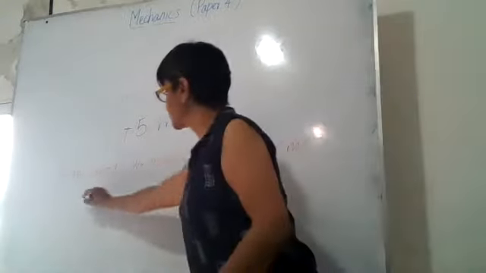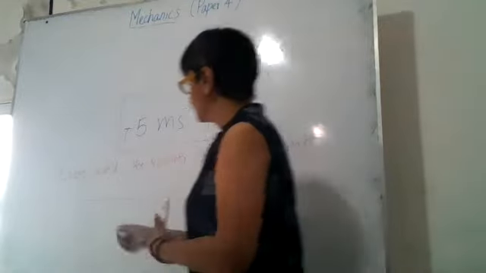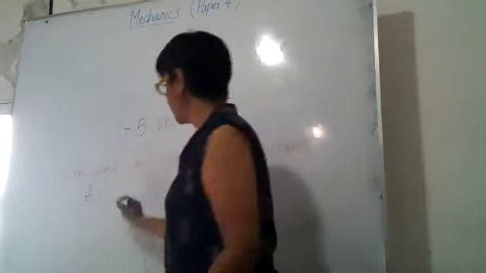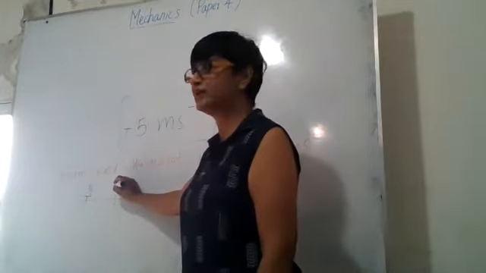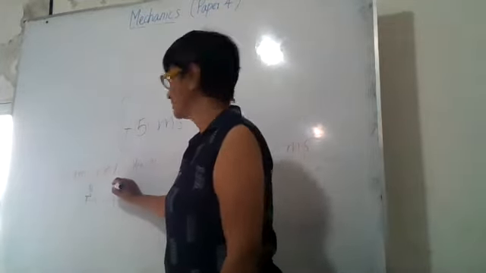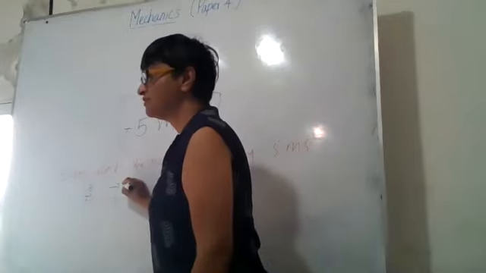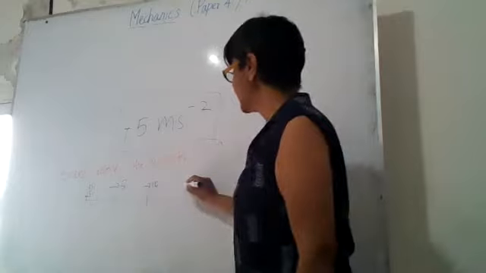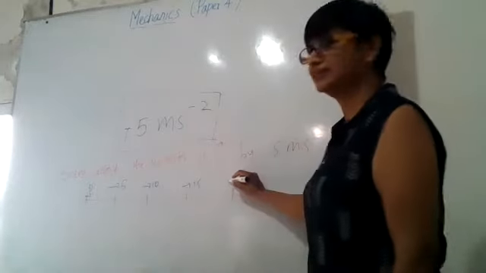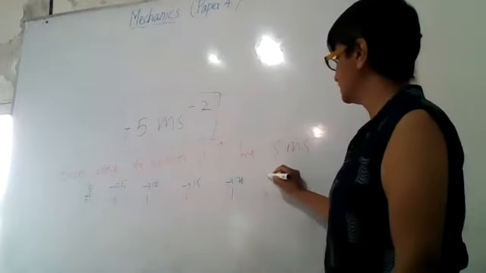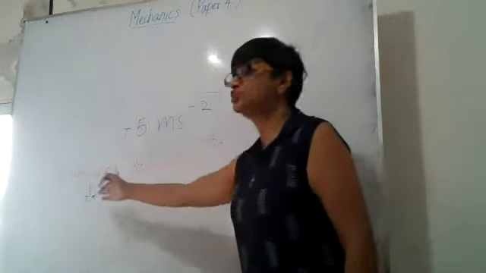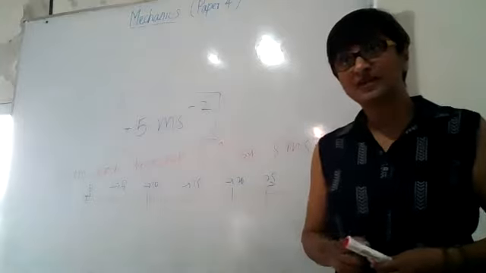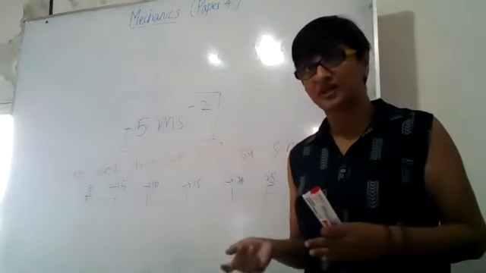So if you actually think of the movement, if I start with 0 velocity, after 1 second my velocity would be 5. After another second, 10. Next second, 15. Next second, 20. Next second, 25. This is uniform acceleration. I am gaining speed at the same rate.